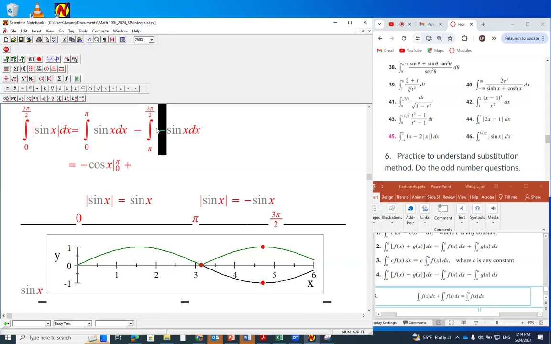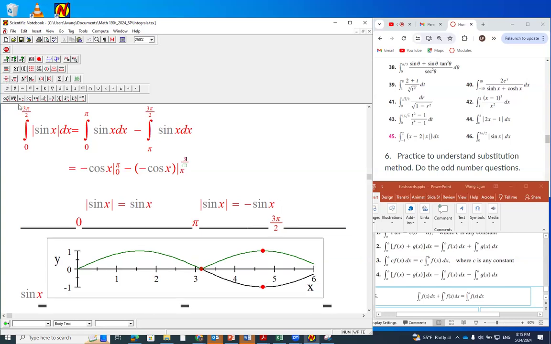The antiderivative of sine is negative cosine, so we have a negative cosine. Negative makes positive, if you wish. And the interval now is different: it's pi to 3 pi over 2.